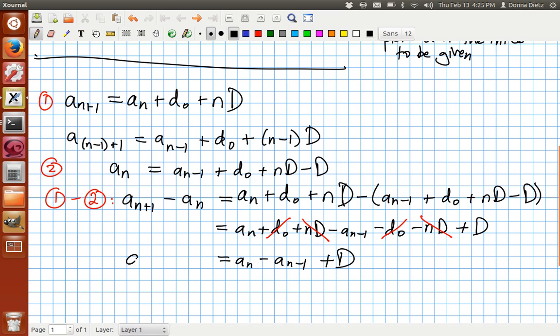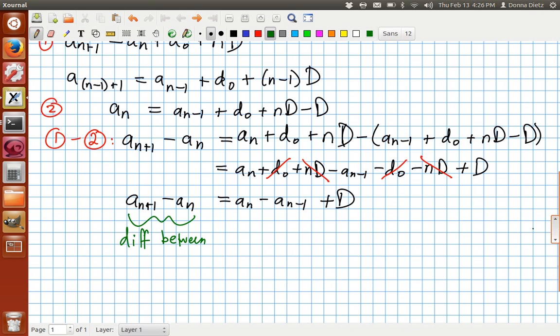Now, when you look at this equation, it's a little striking, because this is the difference between consecutive terms, just as I said before. This too is a difference between consecutive terms.